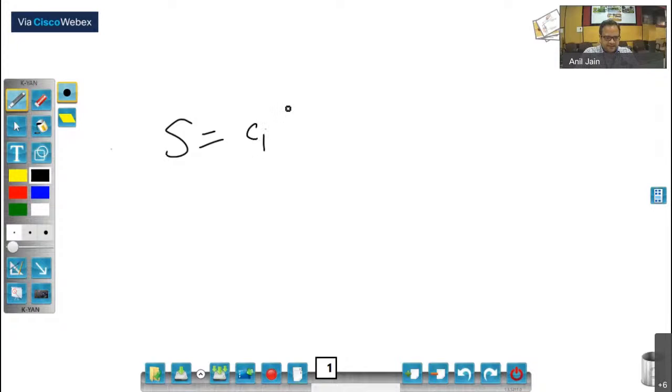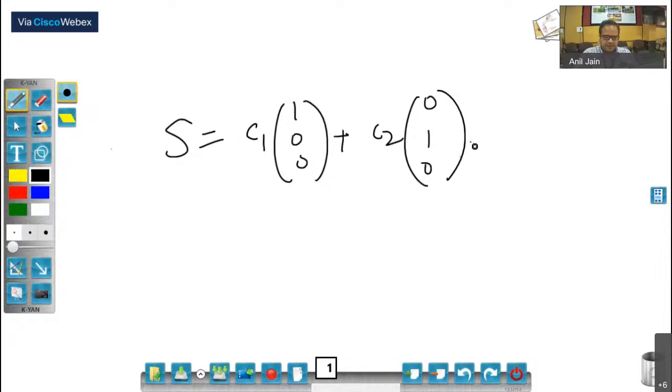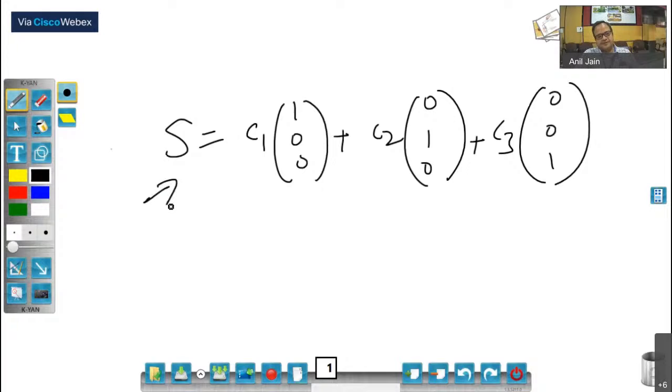So this will be C1 (1, 0, 0) plus C2 (0, 1, 0) plus C3 (0, 0, 1). So this will be our moment, and our idea is to determine this C1, C2 and C3.